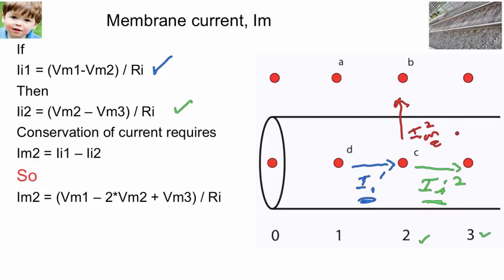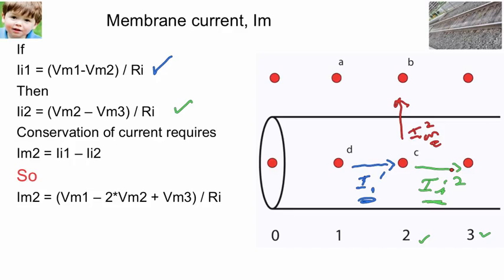If you want to think about it this way, suppose I1 is a big current, suppose I2 is a tiny current. So a lot of current is pouring in along the axis to site number 2. But it can't go on down the axis because the intracellular current that's continuing on is just tiny. So it has to be forced out.